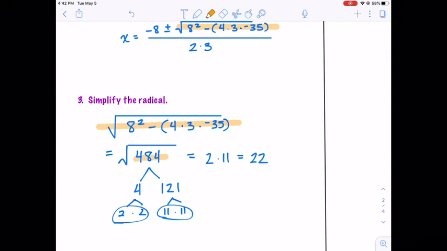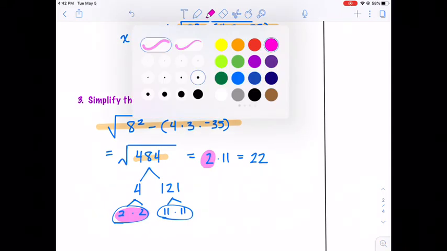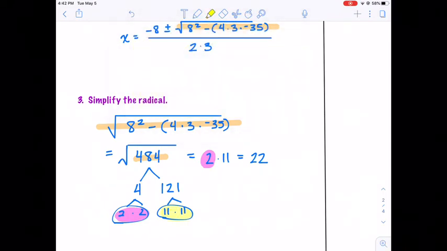Simplifying that radical, I broke it down to 4 times 121. But 4 is 2 times 2, and 121 is a perfect square also, 11 times 11. So the two 2's came out of the radical as 1, 2, and the two 11's came out of the radical as 1, 11. I don't have anything left because everything broke down to a perfect square.